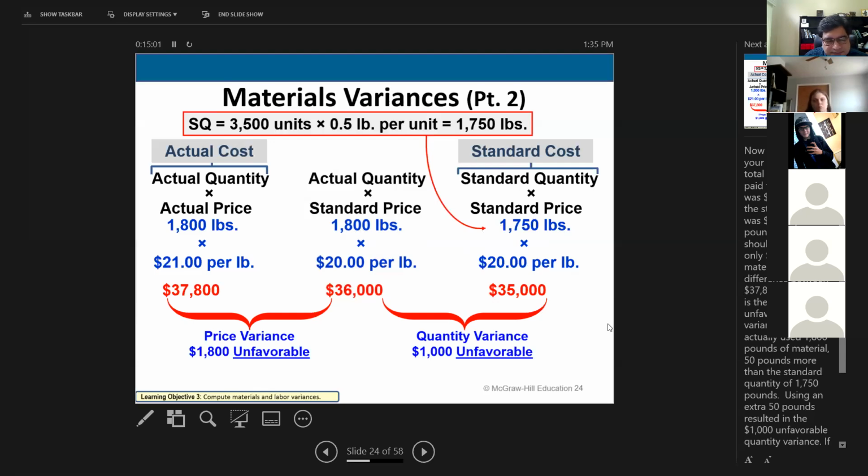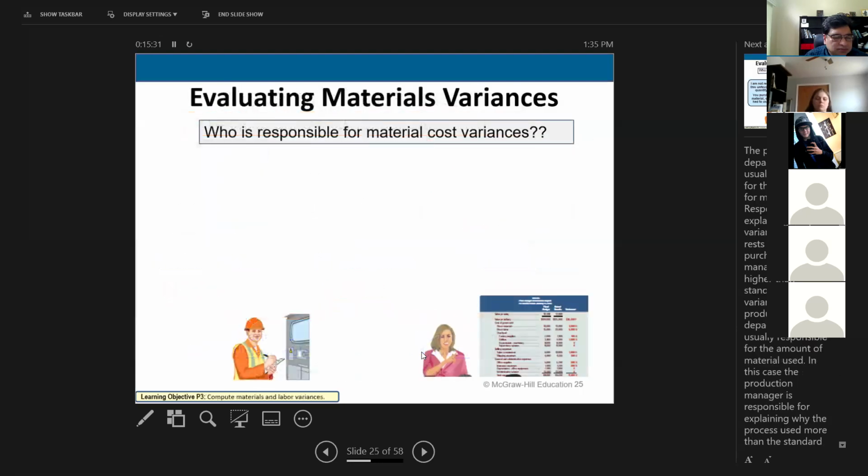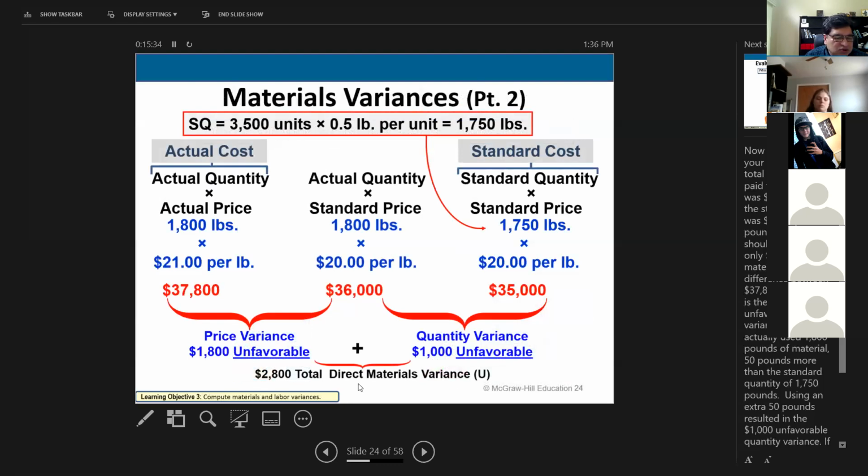Any questions here, please? So the total direct material variance is 2800 unfavorable. You add both of them.